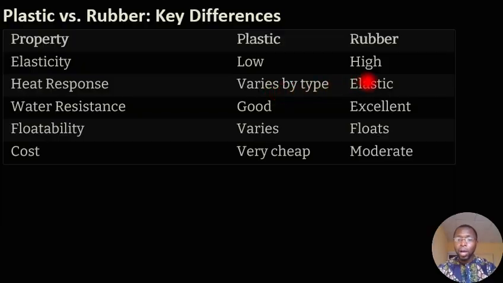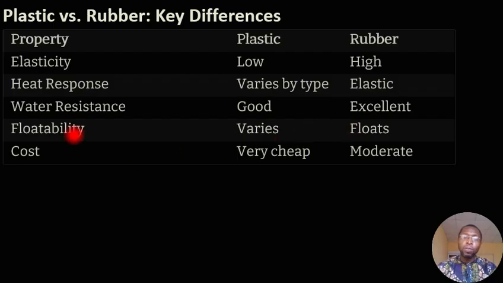Meanwhile, rubber is elastic. When you subject it to heat, it returns back to its shape after you remove the heat. Then for water resistance, plastic is good, but rubber is excellent.